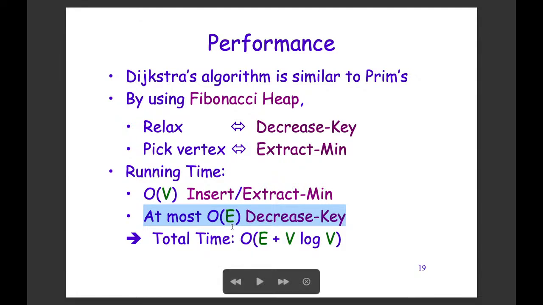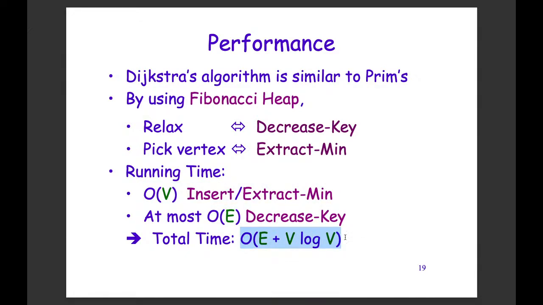So order E together, because each edge is only seen 2 times. Okay, so altogether, by using the Fibonacci heap, we will see that the total time is E plus V log V. Okay, so this is the case for the shortest path problem.